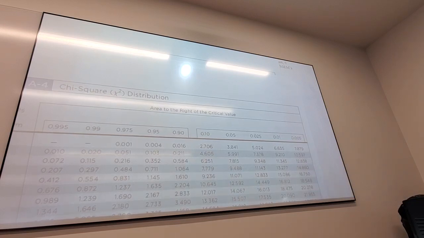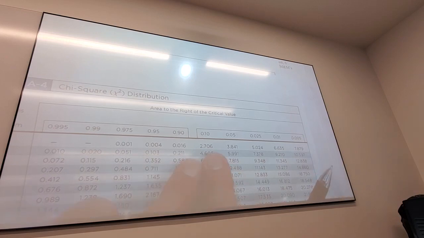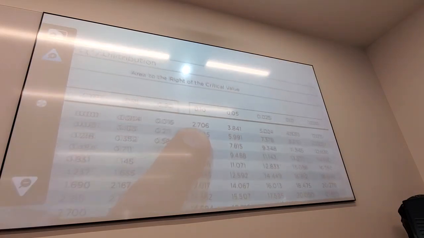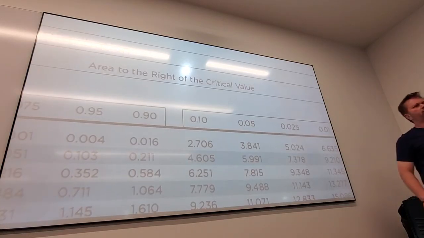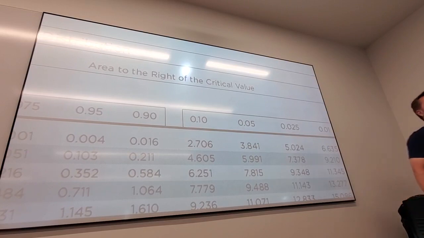Rounded to 3 places, 1.645. Does that sound familiar to anybody? 1.645 is a z-score.